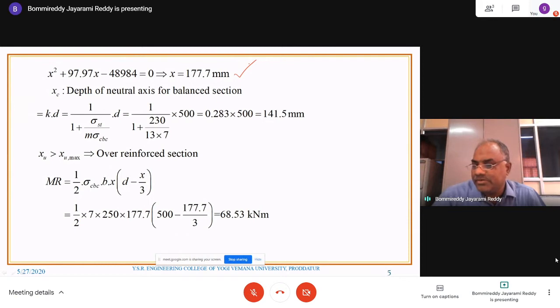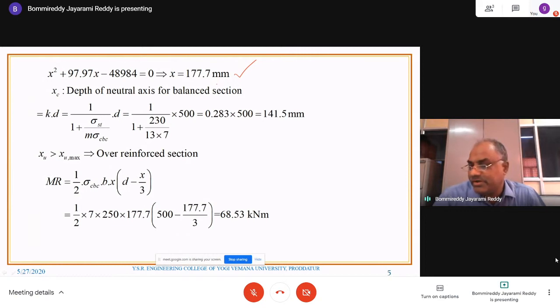Sometimes in the examination, the question may be limited to computation of actual depth of the neutral axis. Or sometimes the question may have options: the given section is A, balanced section, B, under reinforced section, C, over reinforced section, D, data insufficient. Like that, questions may be asked.